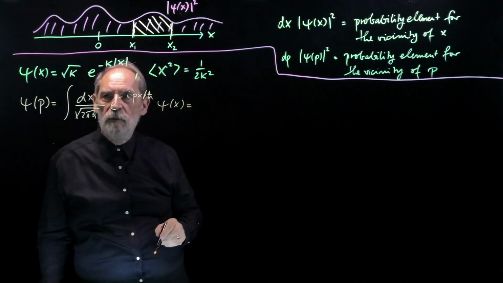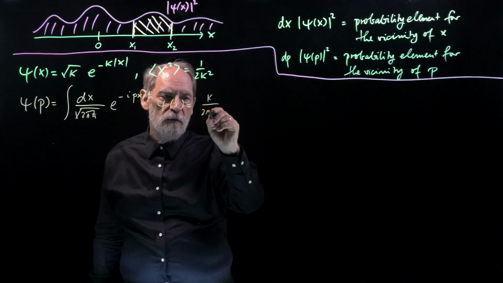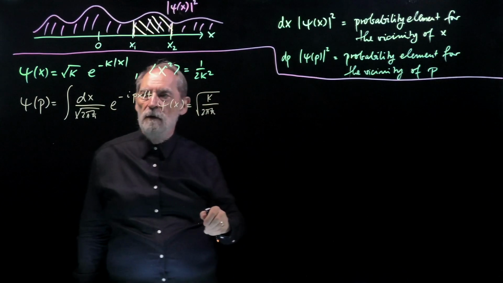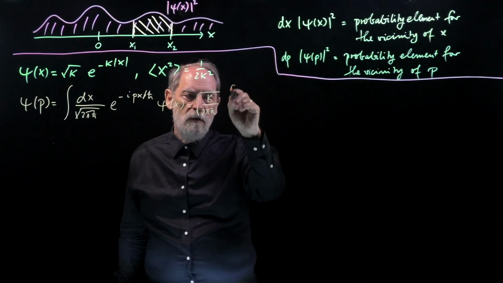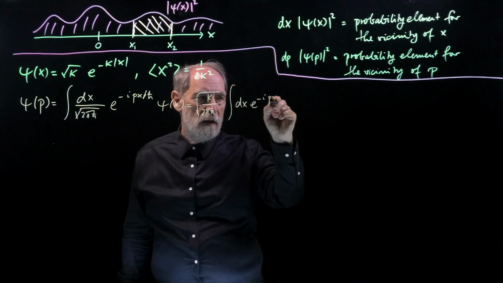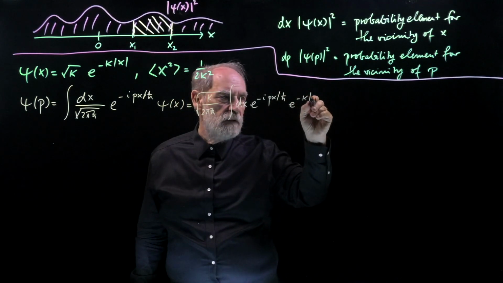Now for this particular example, there's the square root of kappa over the square root of 2 pi h bar, so that's an overall factor, and then we have the integral over x of e to the minus i px divided by h bar and e to the minus kappa absolute value of x.